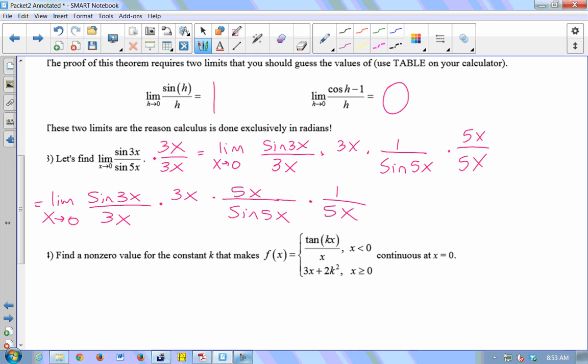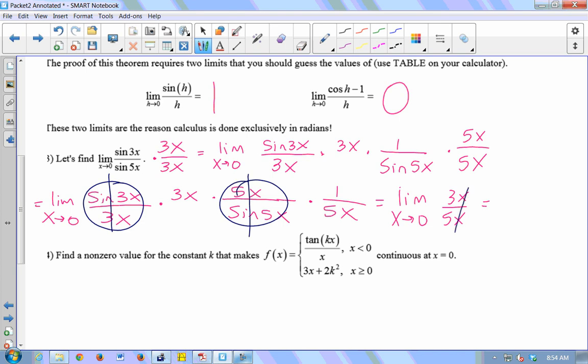So both of these guys are 1. Those are just 1s. The limit as x goes to 0 of them is 1. So I'm left with the limit as x goes to 0 of 3x over 5x. I can cancel the x's.